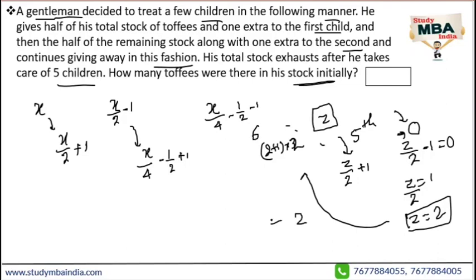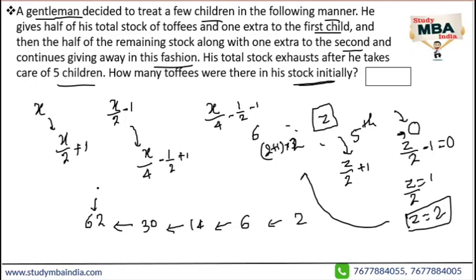So from 2, then 6. Then 6 plus 1 is 7, into 2 is 14. Then 14 plus 1 is 15, into 2 is 30. And the last, which is the initial one, 30 plus 1 is 31, into 2 is 62.